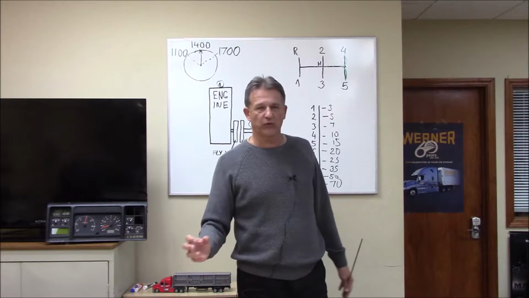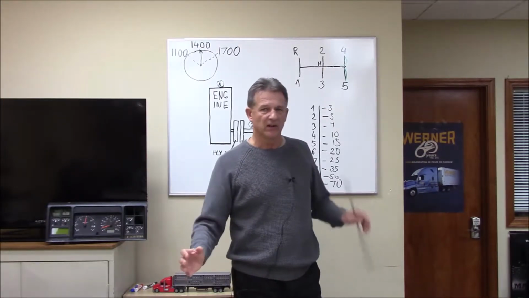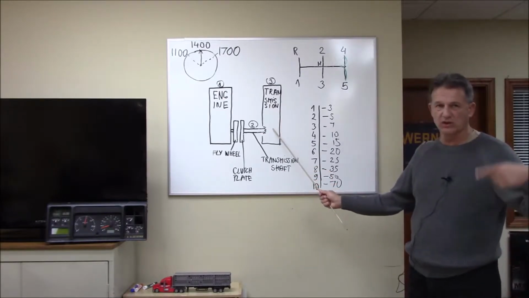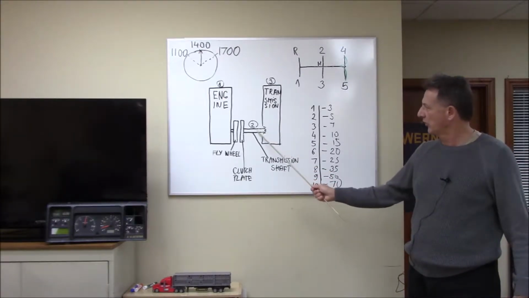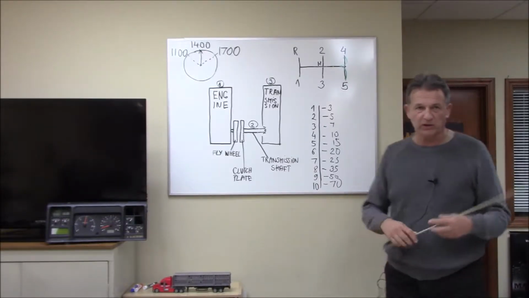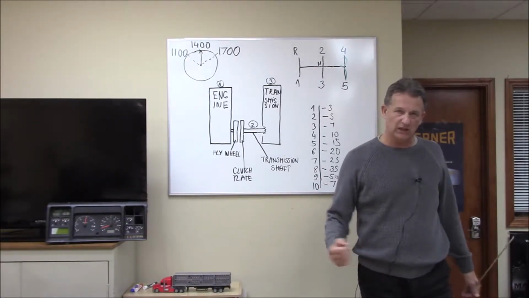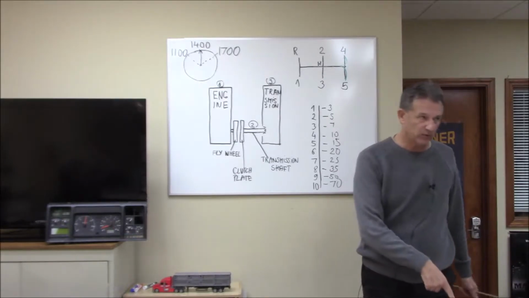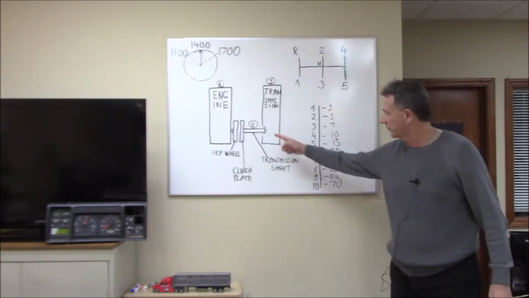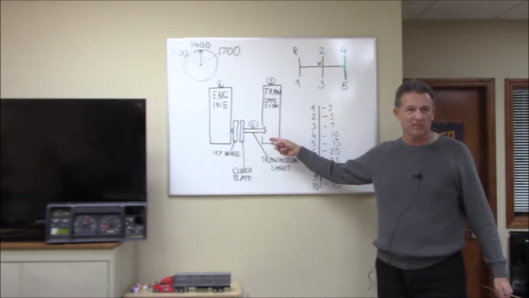Yes, because for example, if you stop on 5, it means that at this moment transmission is not spinning, right? And also this is synchronized, right? So the shaft is not spinning. So if you just go immediately from 5 to 3 without even using clutch brake, there is no problem because these two guys are still not spinning.